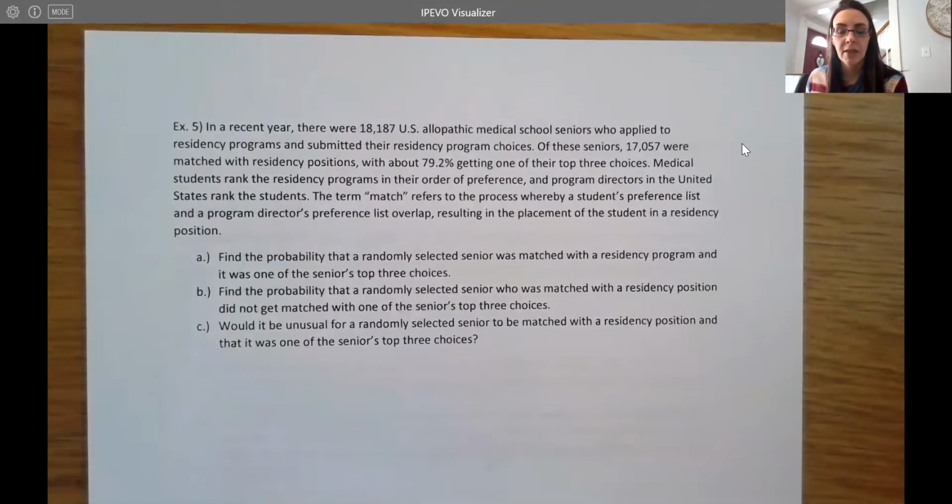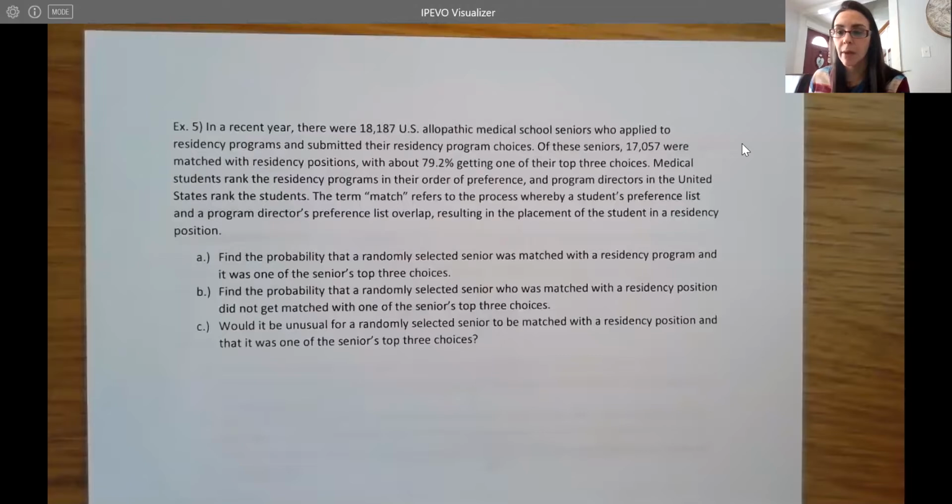Of these seniors, 17,057 were matched with residency positions, with about 79.2% getting one of their top 3 choices. Medical students rank the residency programs in their order of preference, and program directors in the United States rank the students. The term match refers to the process whereby a student's preference list and a program director's preference list overlap, resulting in the placement of the student in a residency position.